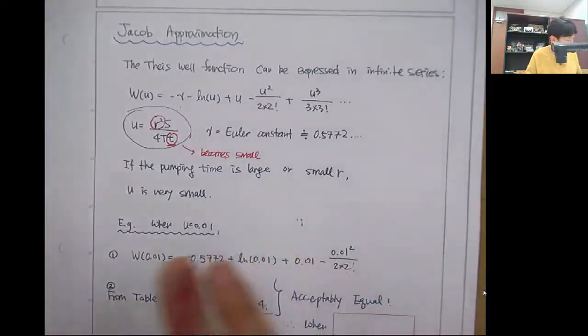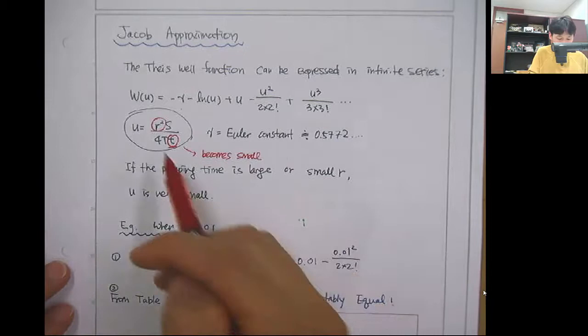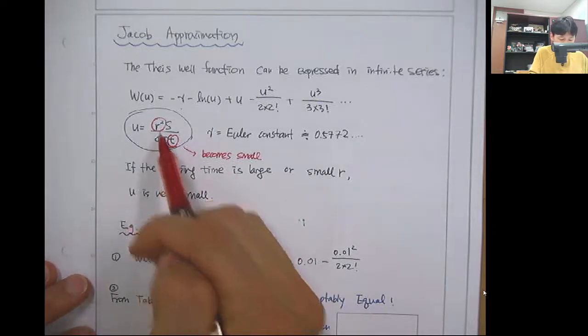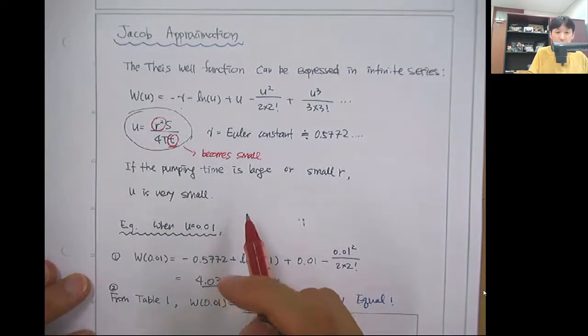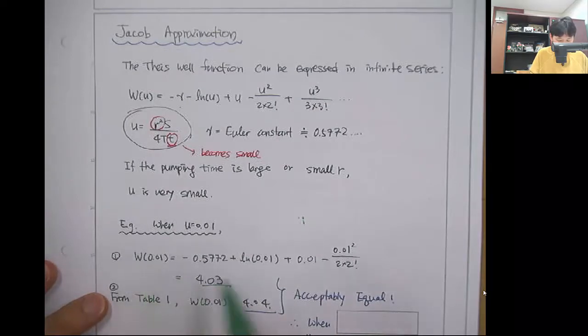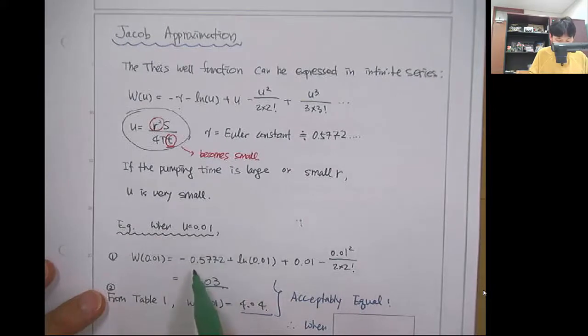So if the pumping time is large, so the t here is large, and if the r is small, then the u becomes small, right? So when, let's say that u is 0.01, then the w, this well function, you can also calculate using this infinite series. Then it becomes 4.03.